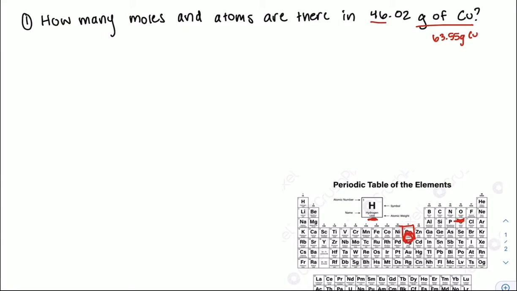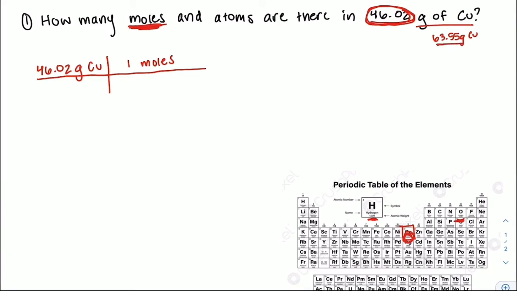Now, what they give is 46.02 grams, and you want to convert that into moles. We're going to do moles first. So the first thing you're going to do is write 46.02 grams of Cu, the given, and you're going to use stoichiometry. You need to cancel out the grams to get moles, so we're going to write 1 mole here, and in each mole, there is 63.55 grams of copper.